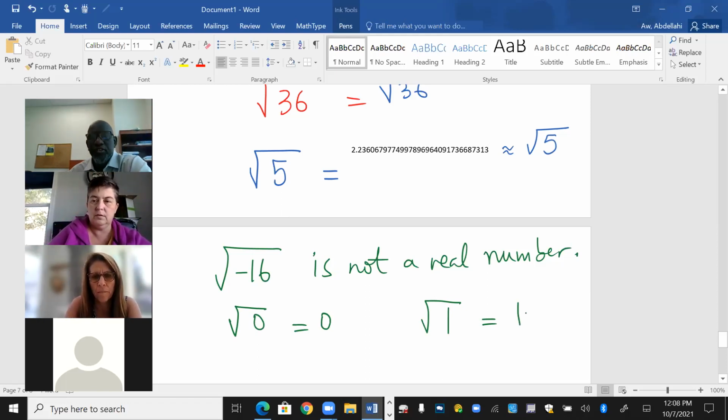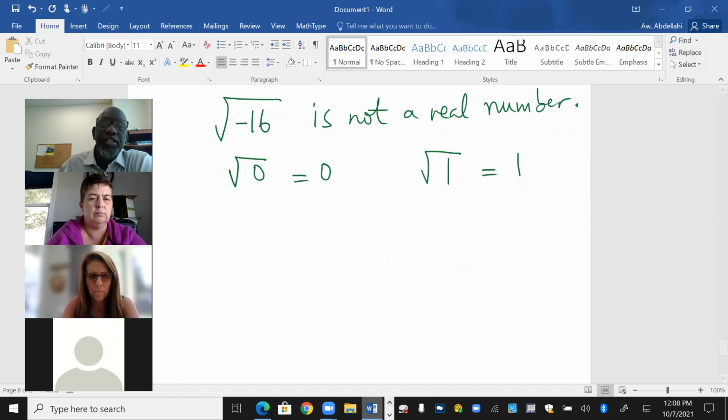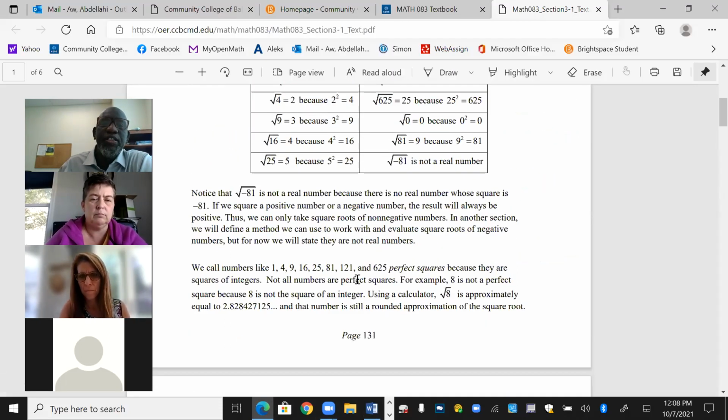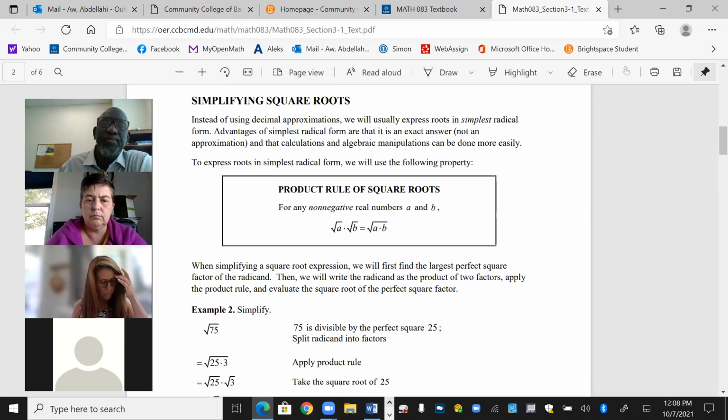Okay. So that is the square root, that is the radical stuff. So now we're going to see, after we saw the square root, how to simplify square roots.